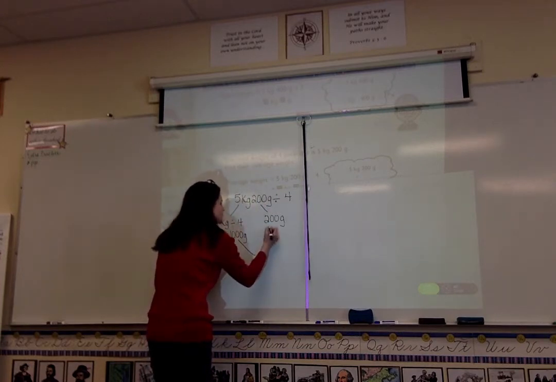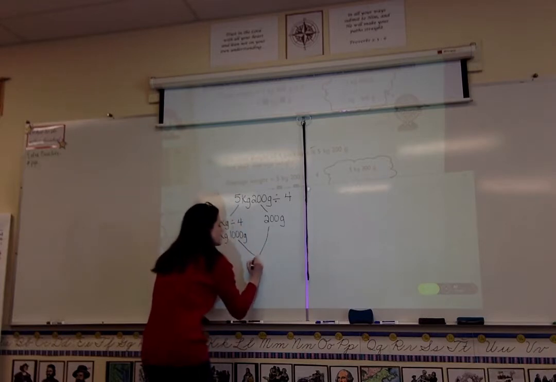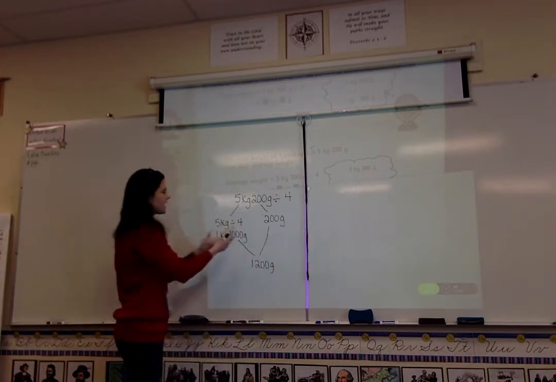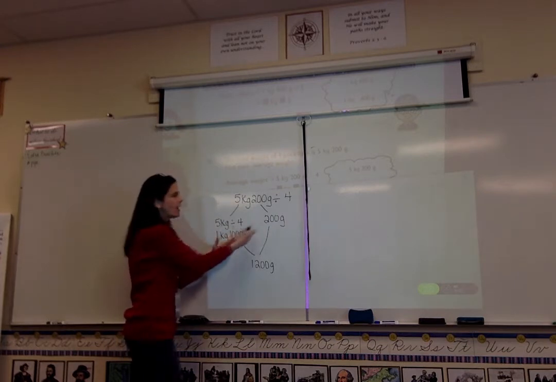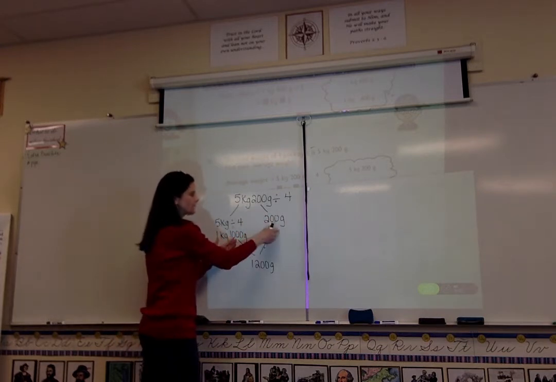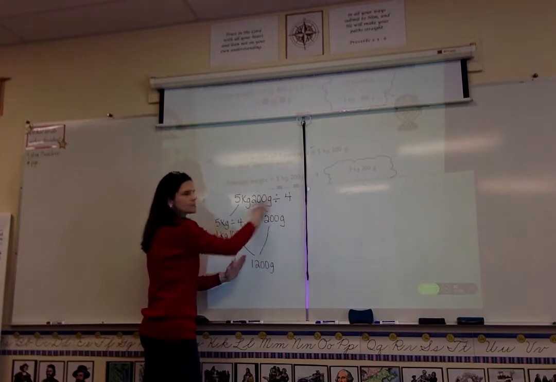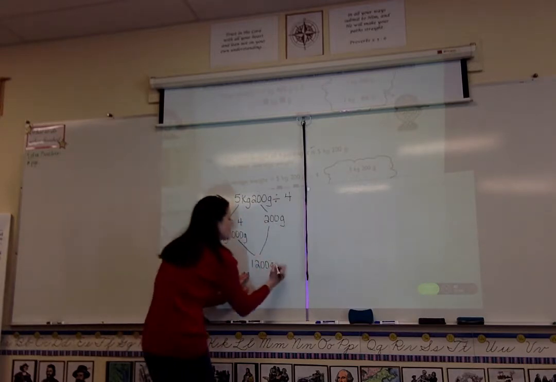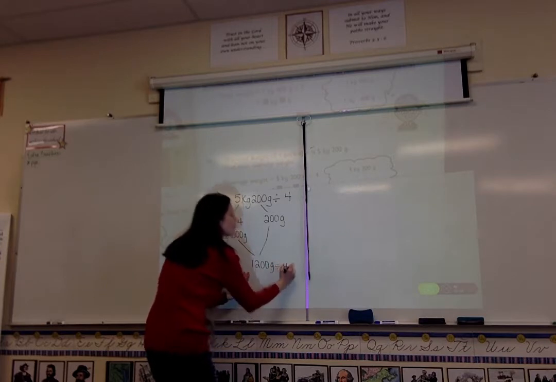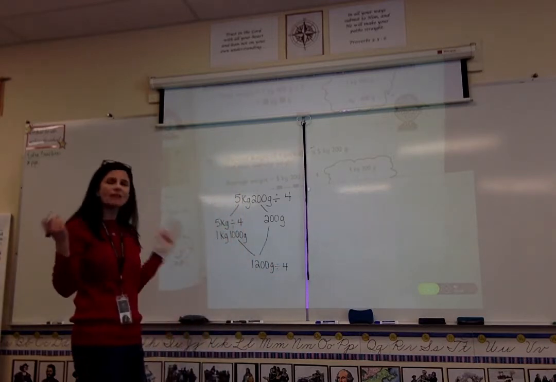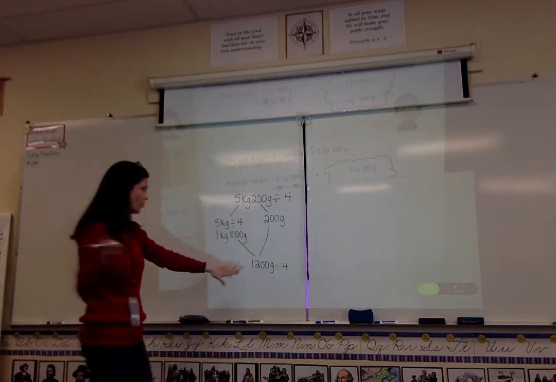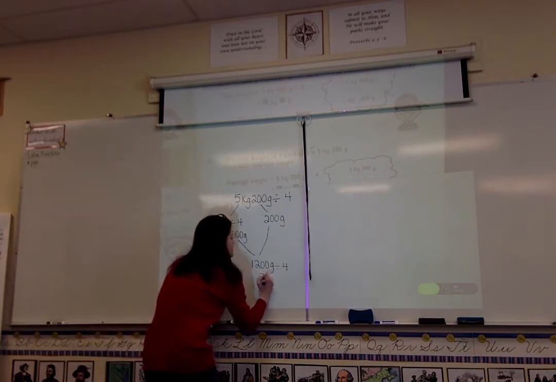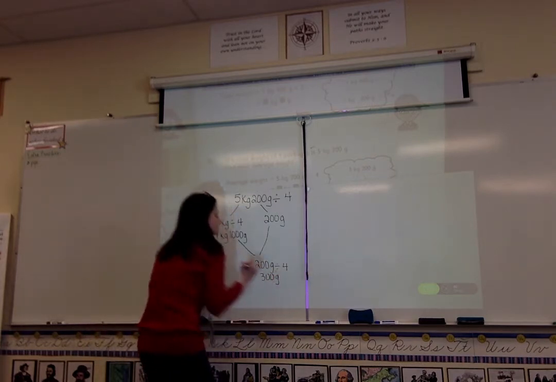So 1,000 grams and 200 grams is going to give me 1,200 grams. So you see what I've done? I've just taken my leftovers here, and I've combined it with the 200 because these amounts still have not yet been divided by 4. So now I have 1,200 grams divided by 4, and you can see that that very easily is divisible. 1,200 divided by 4 gives me 300 grams.